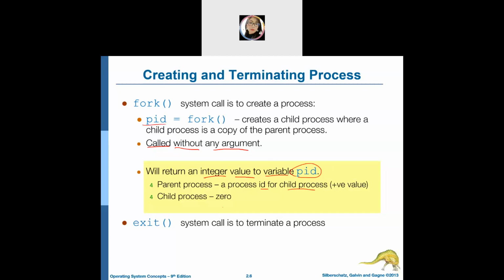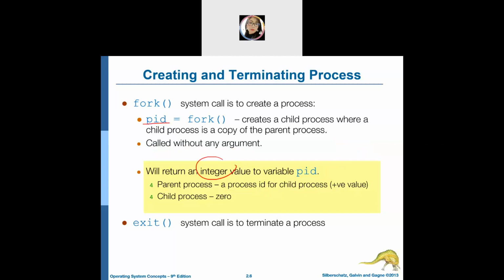This is a common thing that you need to know, because you know that every single thing in this world has parents. Then after that, you're going to have a child. So normally, the child will be a process below a parent. The parent gets the process ID of the child process, and the child process gets 0. This is in terms of the integer value that will be returned by fork.